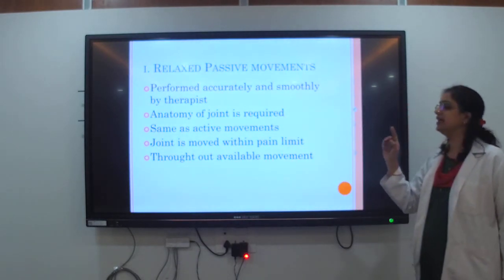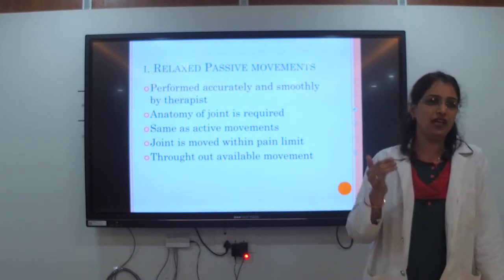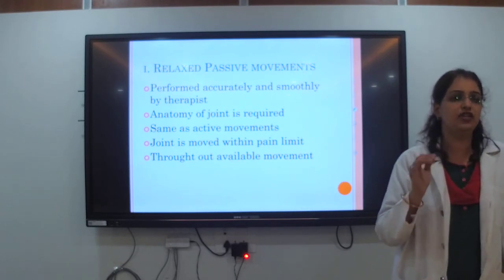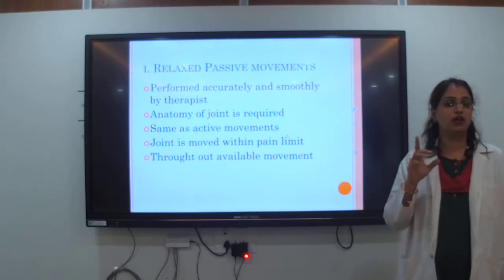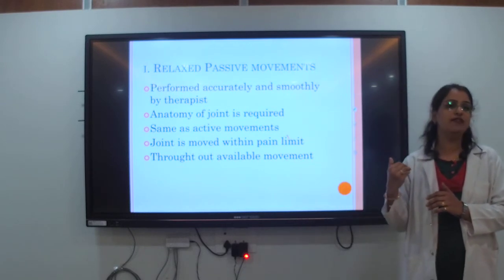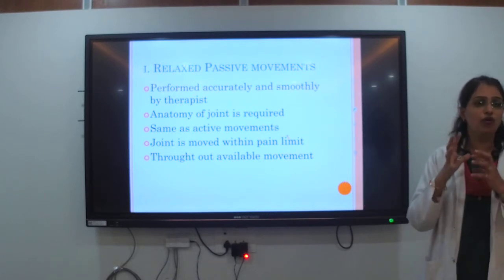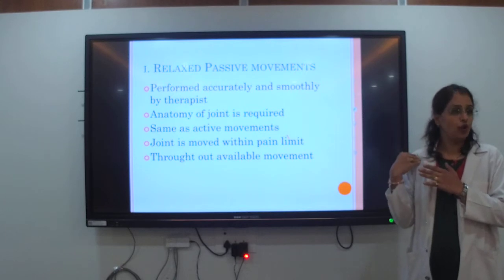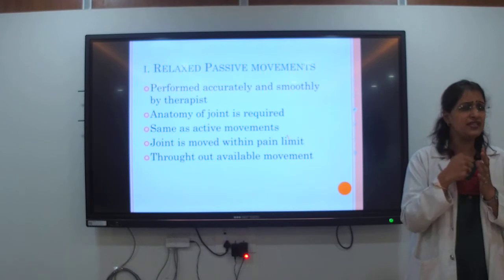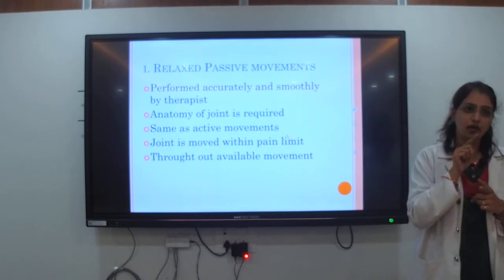So first is relaxed passive movements. When you are performing passive movement to the patient, the therapist should know the actual anatomy of that particular part. Suppose, for example, if you are performing shoulder flexion, you should know the anatomy of the shoulder, how the head is attached to the acetabulum, what are the muscles responsible for that particular motion.